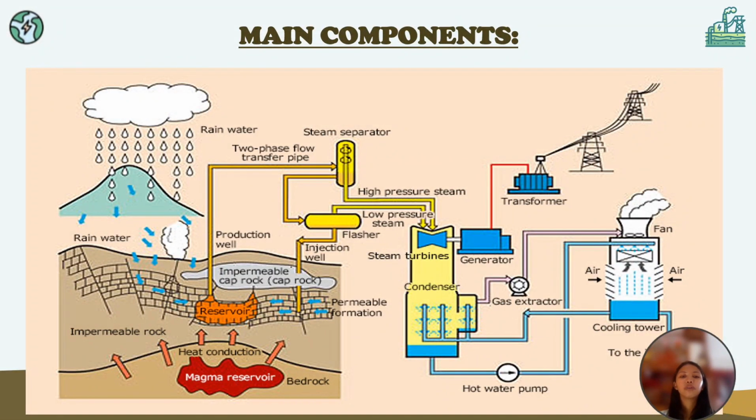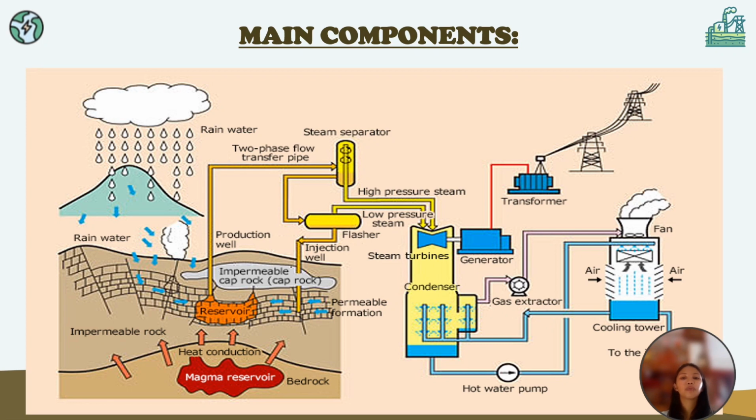Finally, we will then delve into the intricate machinery and systems that make up a geothermal power plant. As shown in the figure, these components work harmoniously to convert the Earth's natural heat into clean and reliable electricity. Geothermal power plants consist of several essential components that work together to harness the Earth's heat and convert it into electricity.